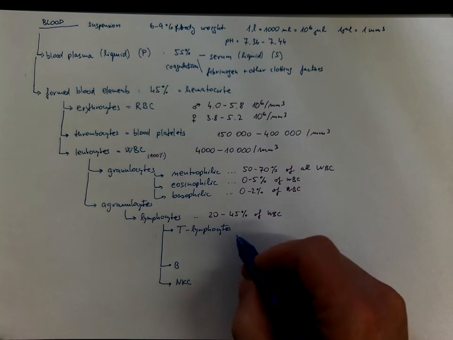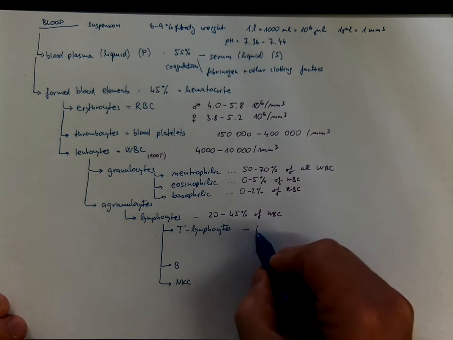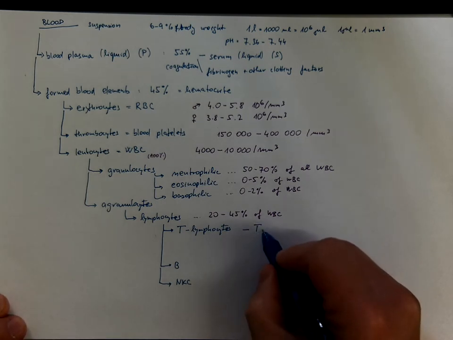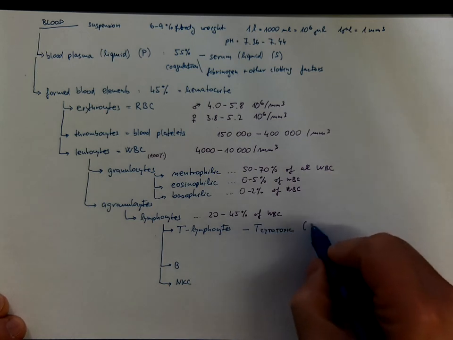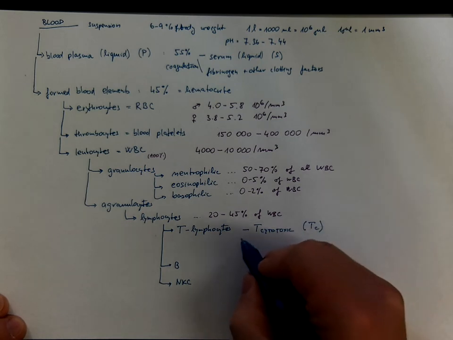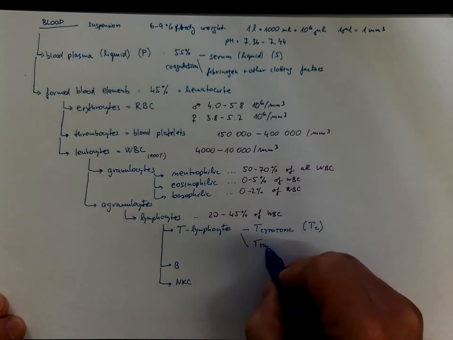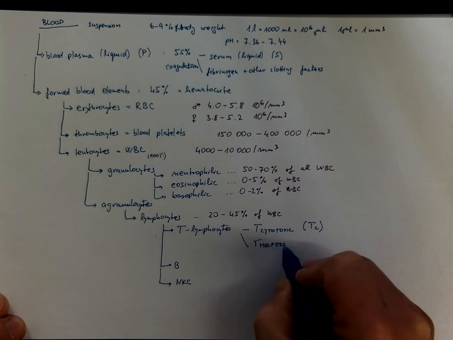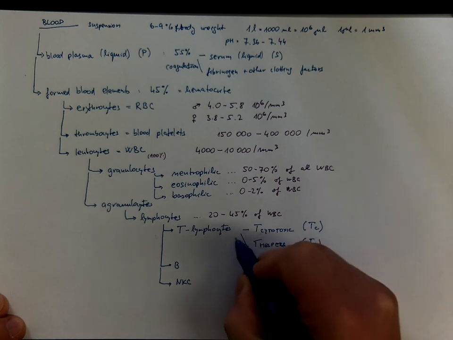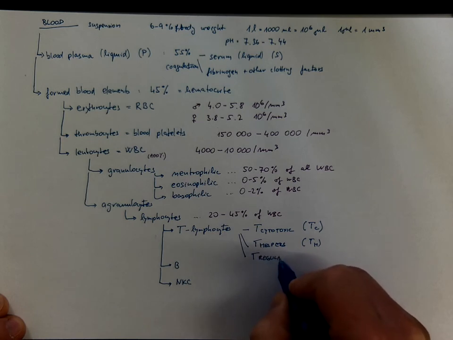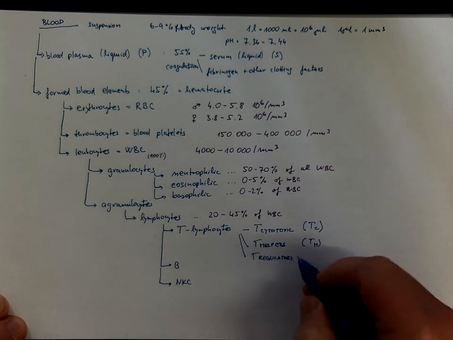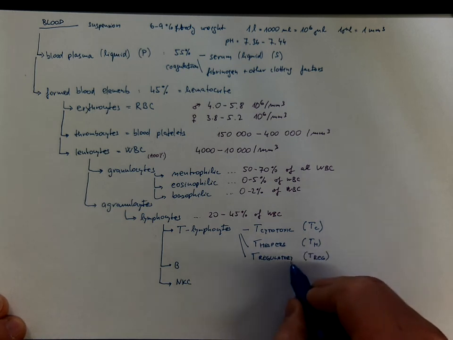So T lymphocytes have a complicated classification, so we can simplify it by mentioning the major types, namely the T cytotoxic, abbreviated as TC, T helpers, TH, and T regulatory, Treg, previously also called T suppressors.